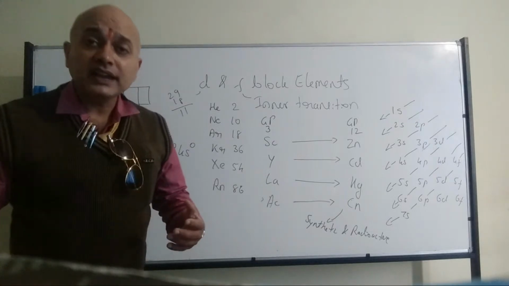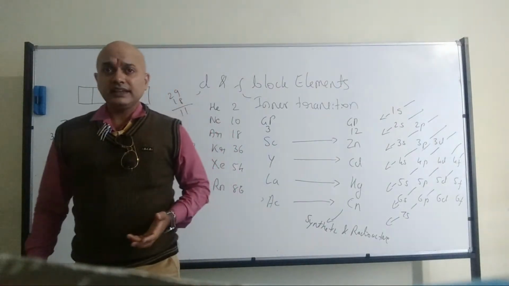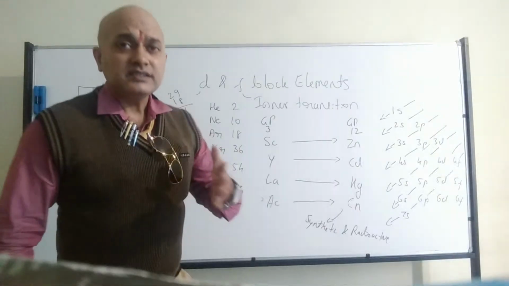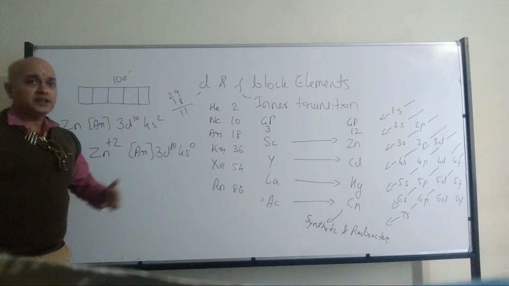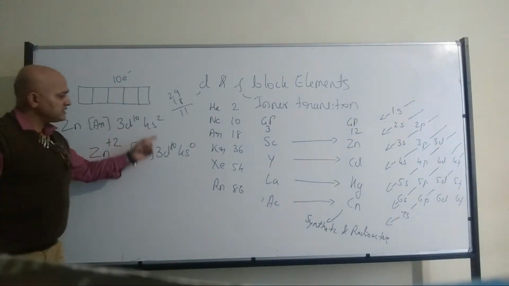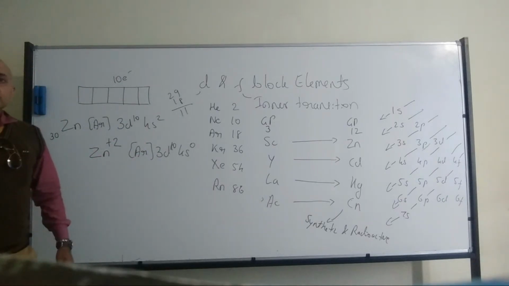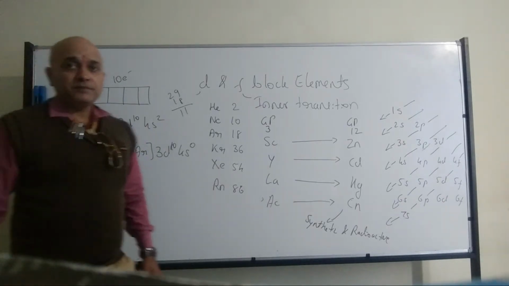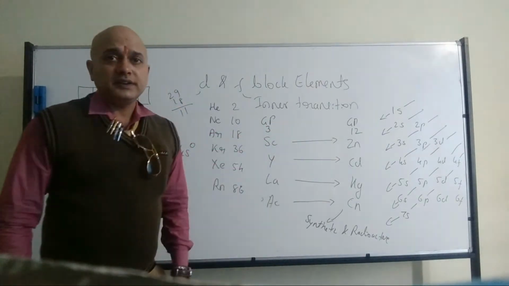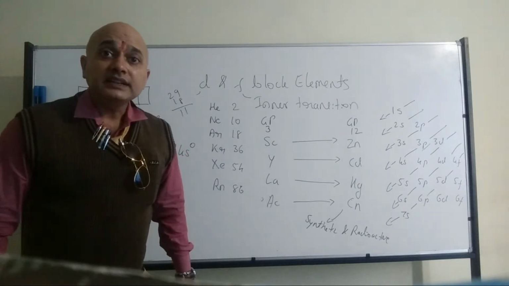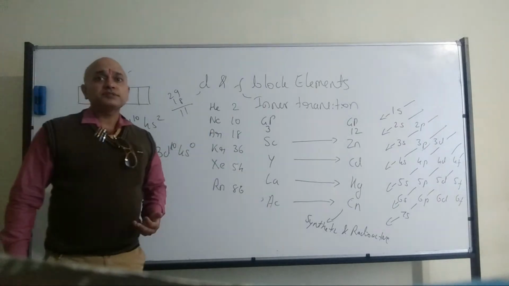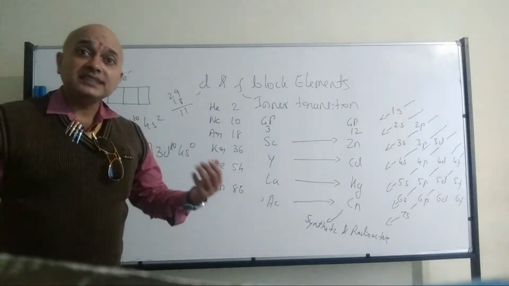Now, can we call it a d block element in that case? According to the definition, no. Zinc, cadmium, mercury cannot be considered d block elements, because in all these conditions they have the completely filled d subshell. But still, they are included in the d block. Same as the inert gases in the p block and the alkaline earth metals in the s block.